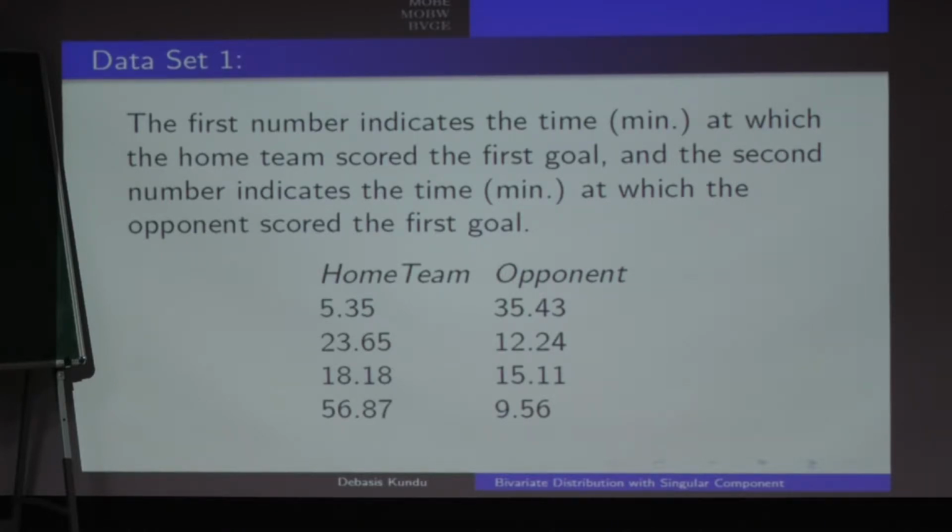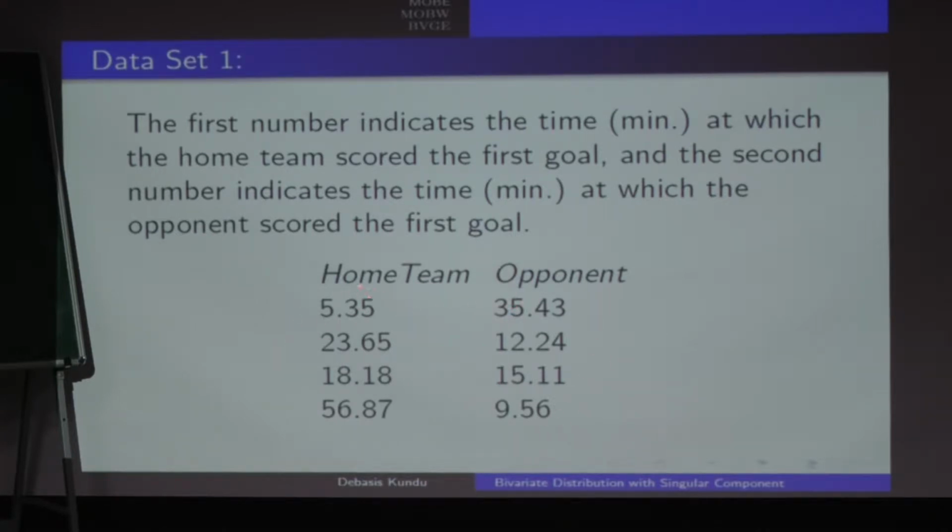So this is the data. The first number is the home team, where the game is being played, and then the opponent which came to play in that field. The data shows the time in minutes when the home team scored the first goal and when the opponent scored the first goal.